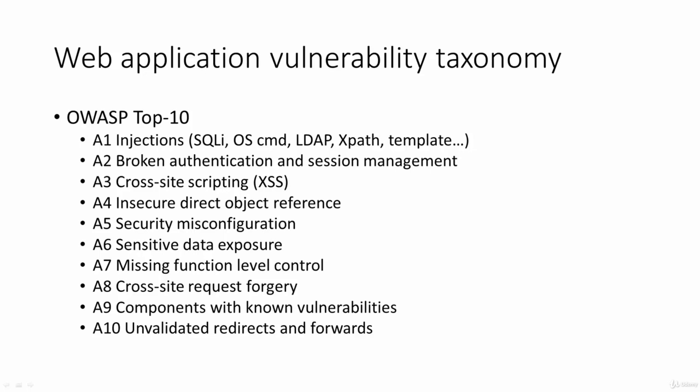A seventh category, missing function level control. That's quite tricky, I would say. So let me explain that by an example. Let's say you have different roles in a web application. So there is an admin and there are users, just the business users of the web app.